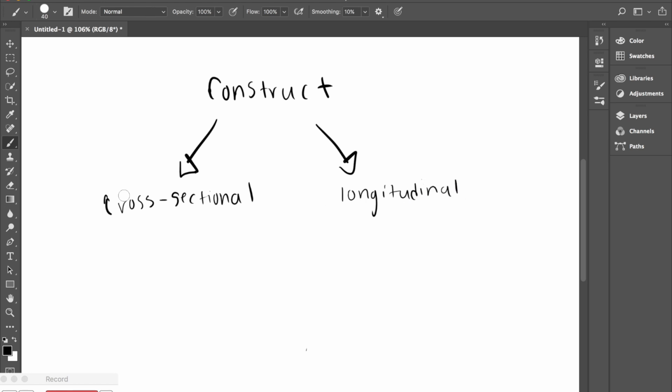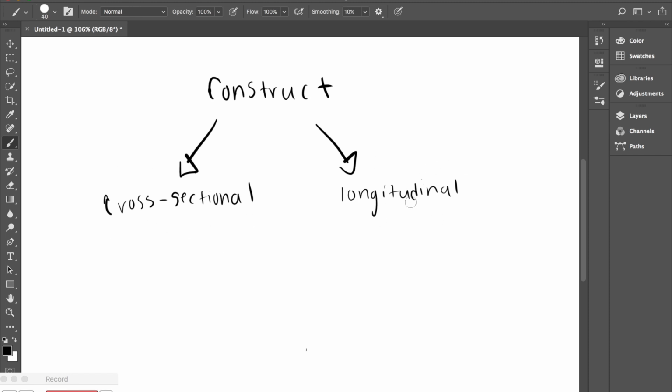And the difference between these two are that this one is pretty analogous to concurrent, right? Cross-sectional is essentially going to measure something at one point in time, whereas longitudinal is going to assess change. So it's going to measure something at 2 points in time, and it's going to assess the association between the change in scores. So you might then be wondering, well, how do I go about measuring cross-sectional?